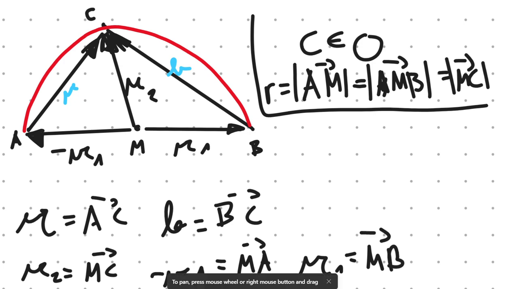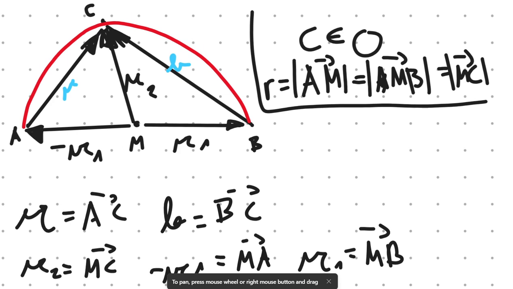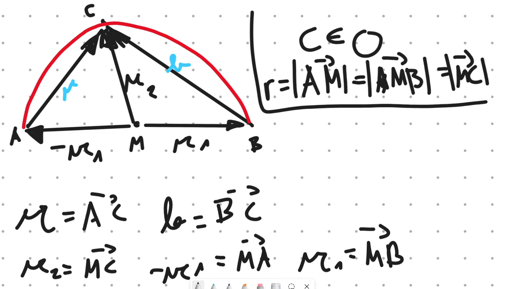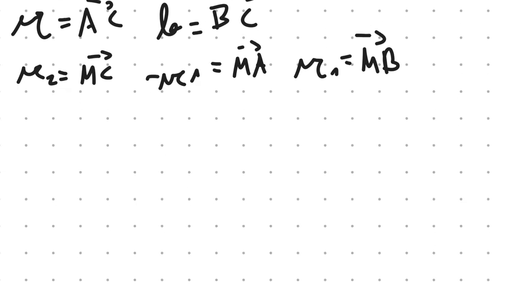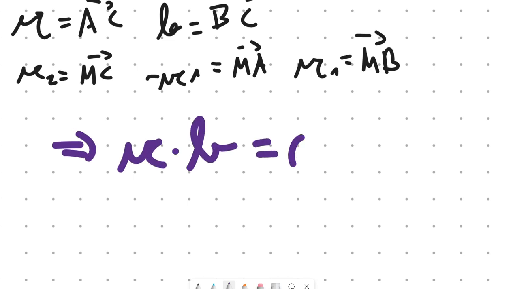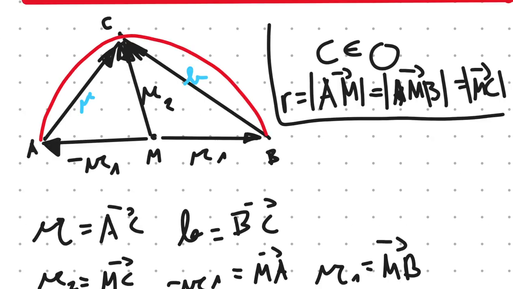Now since we have all the information and we state that the angle between u and b is a right angle, we can also state that u times b is equal to 0, the scalar product between these two vectors. Now if you look at the triangle again, we can say that minus u1 plus u is equal to u2.